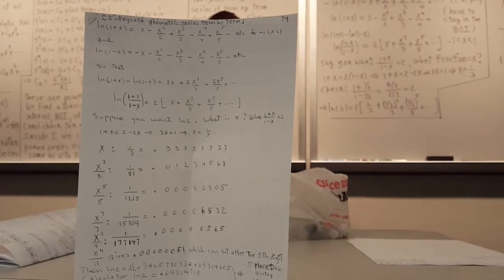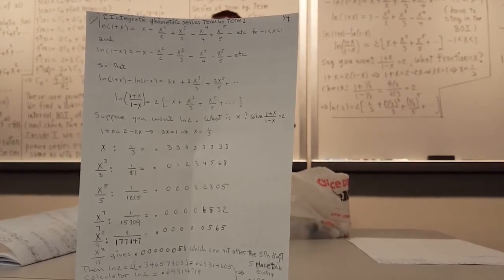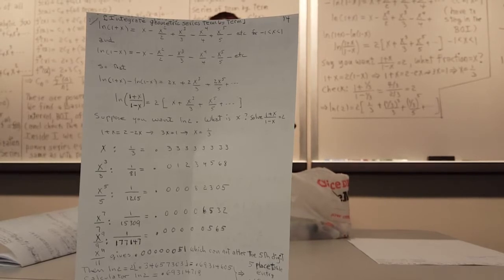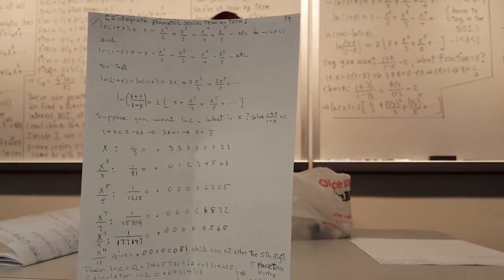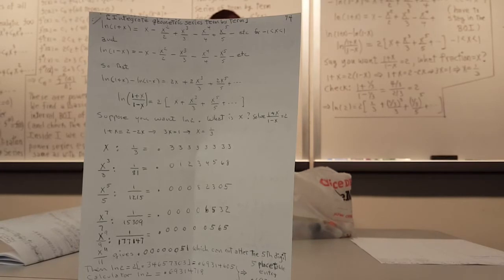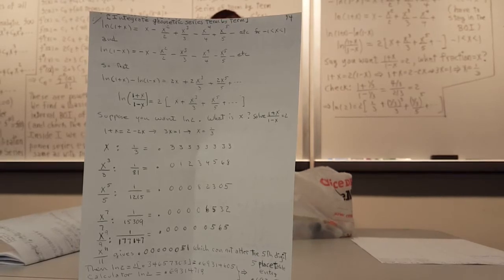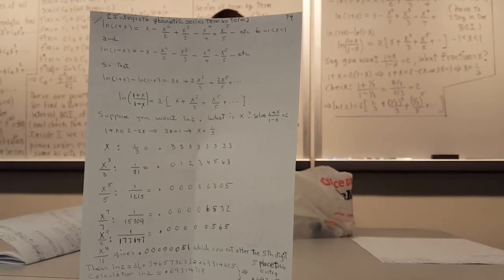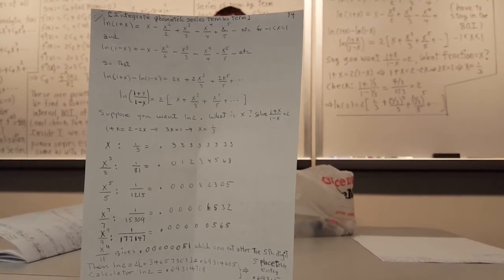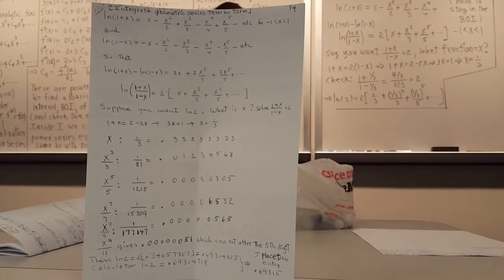Then a third to the 5th power over 5 gets you 1 over 1215. Write the decimal. So you could take your calculator and get the decimals. x to the 7th over 7, x to the 9th over 9, x to the 11th over 11.